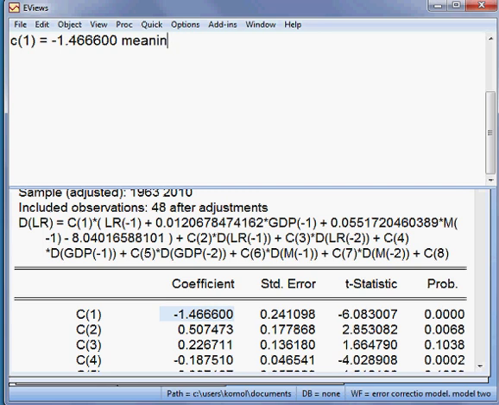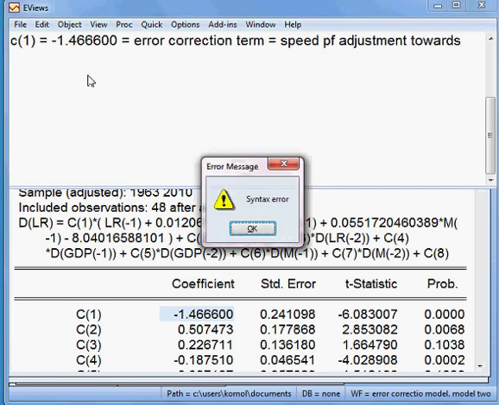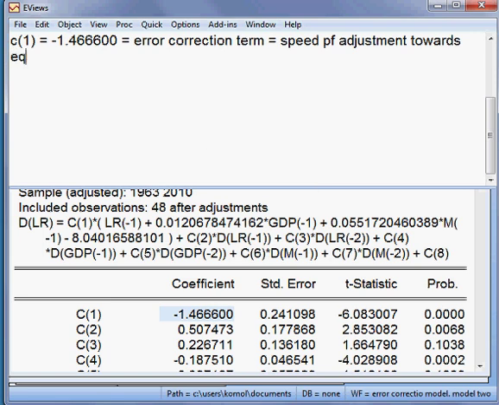Meaning that actually this one is called the error correction term, or this one is called the speed of adjustment towards equilibrium.